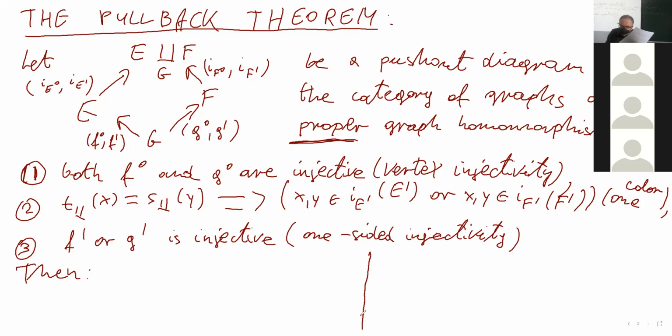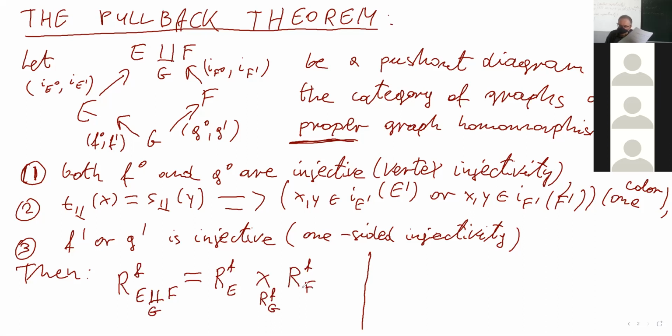So here I can write that RF of a push-out graph is naturally isomorphic, that's why I write equal, to the fiber product of these semirings. So RFE fiber product over RFG with RFF.